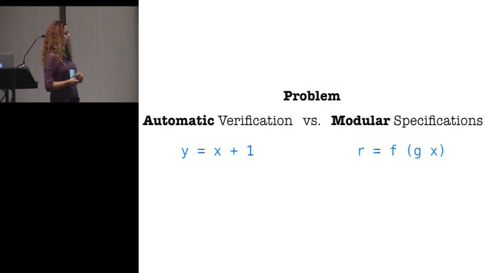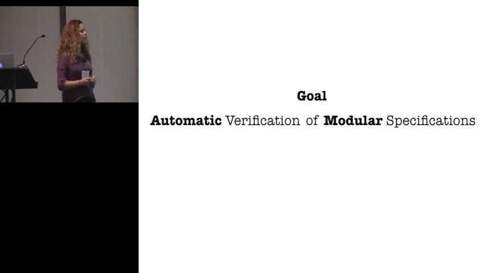So my problem is that I have to choose between automatic verification that uses first-order logic and is decidable by SMT solvers, or modular specification that generally uses higher-order logic. So my goal is to have automatic verification of modular specifications.